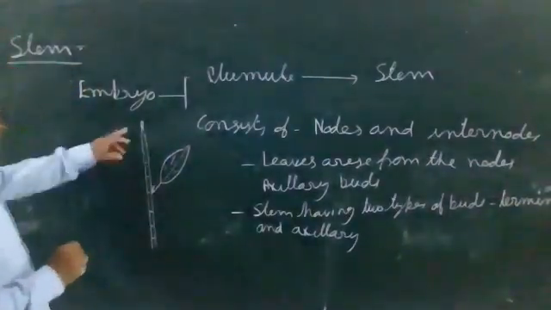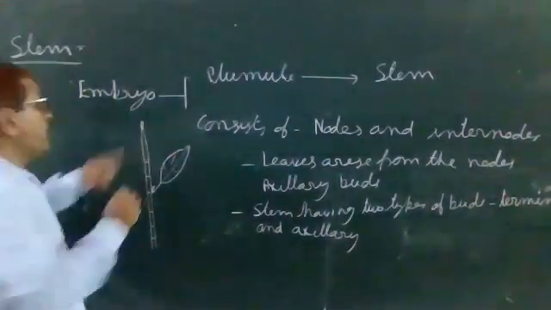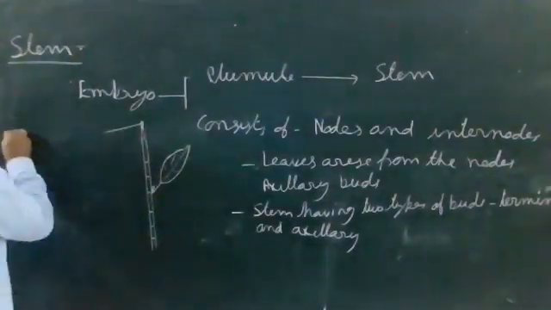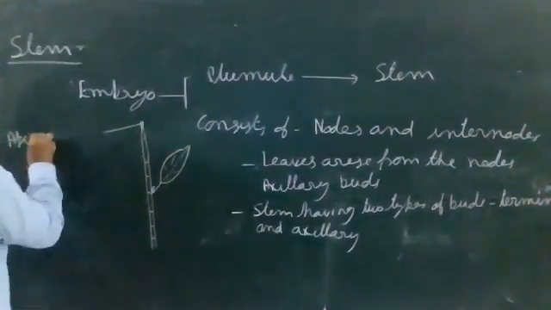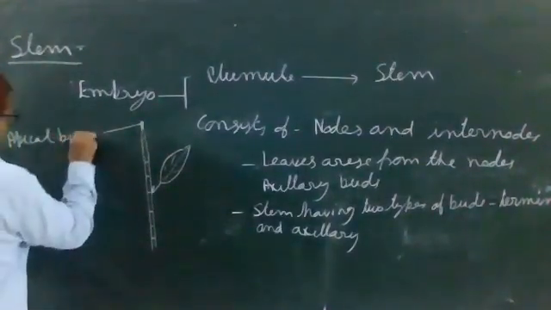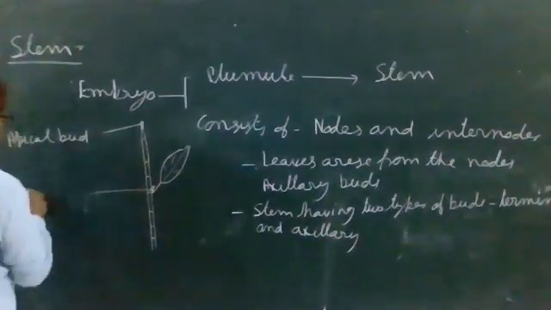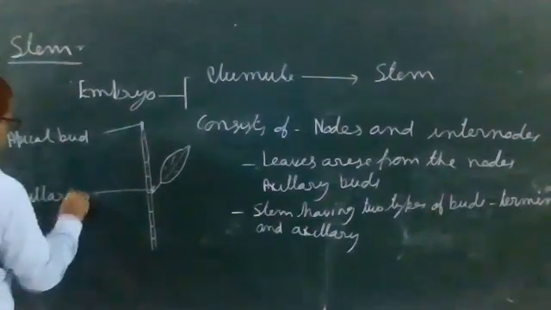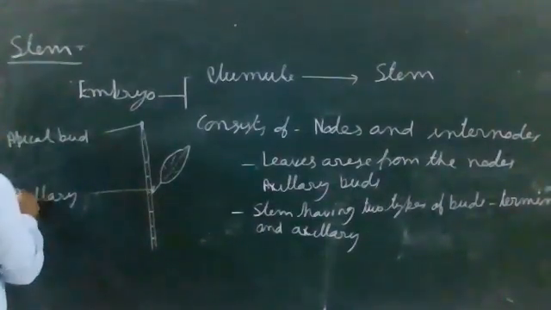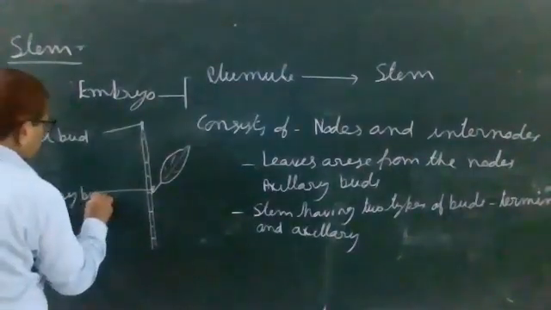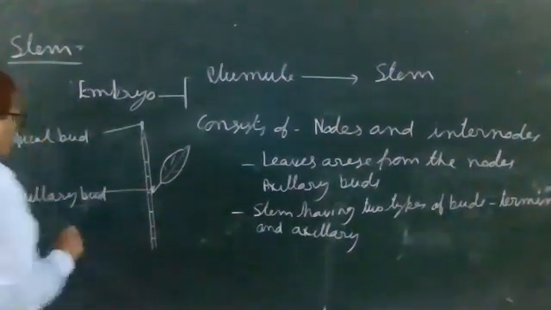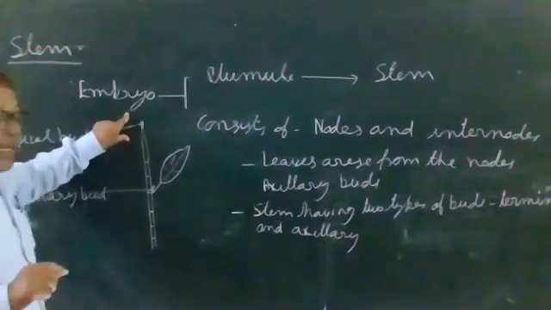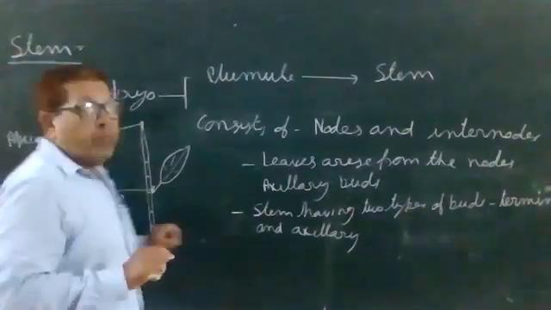This first bud is found on the apex, and it is called apical bud. And this is called axillary bud. So two types of buds are there: this is terminal bud, this is apical bud, and this is the axillary bud.